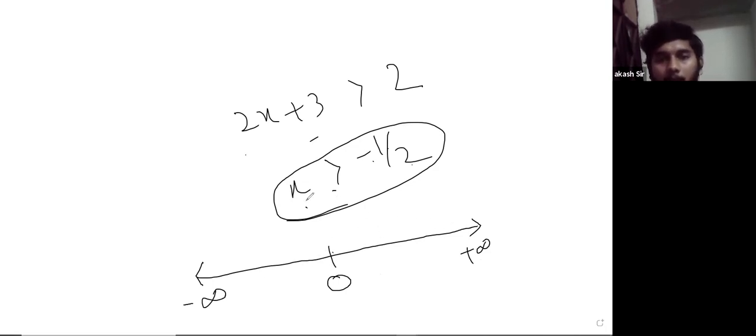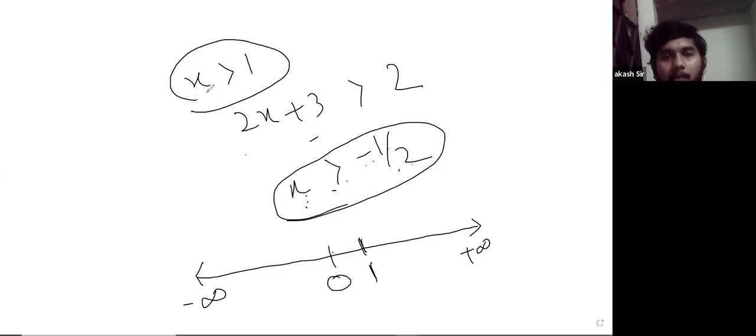See, whenever we see something like this, x is greater than minus 1/2, first do some simpler one, x is greater than 1. So 1 will be here on the number line. What this statement is saying is x is such a number that it is greater than 1.